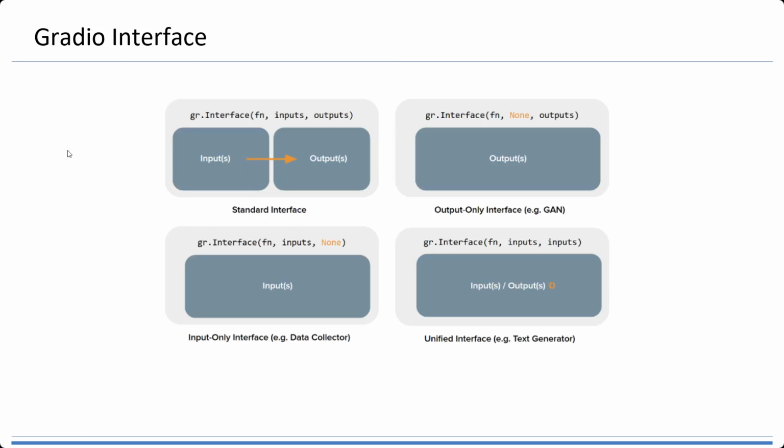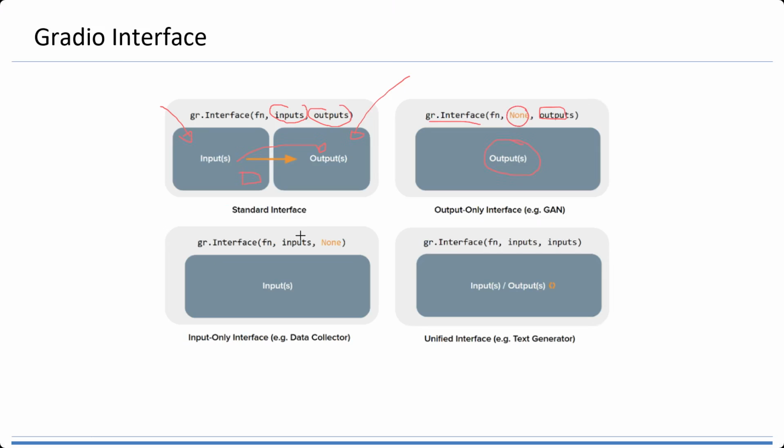So the interface in Gradio, they design like this one. The input and output, they have two. So the left part is the input and the right part is the output. Whenever you click something here, you will show it in the output. There's another kind of interface. You just show the output, but no input. Then this is only the output.